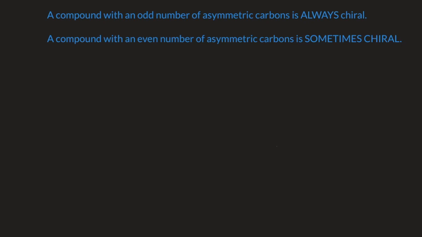A compound with an odd number of asymmetric carbons is always chiral. There are no exceptions to that rule. A compound with an even number of asymmetric carbons is sometimes, or maybe even usually, chiral. But there is a counterexample to this. Let's consider this structure.